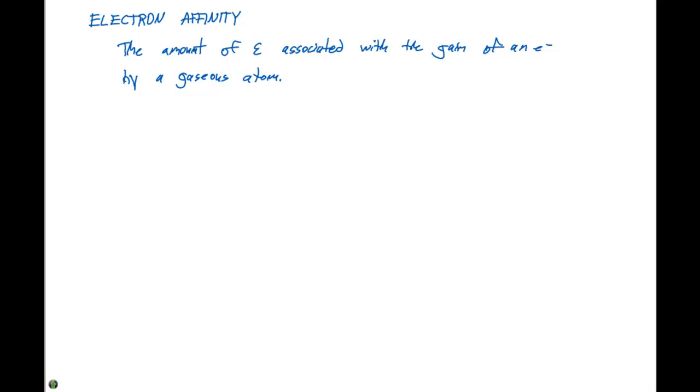So this is kind of the reverse of ionization energy, where ionization energy is the amount of energy required to remove the electron. Here, I take a particular atom, such as fluorine, and I'm going to give it an electron. Does the fluorine want the electron, or does the fluorine not want the electron?